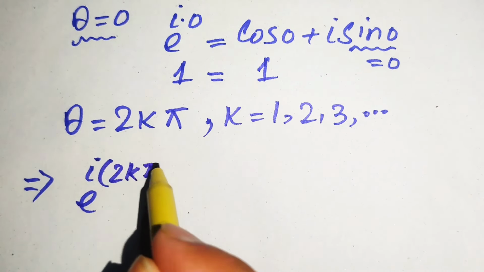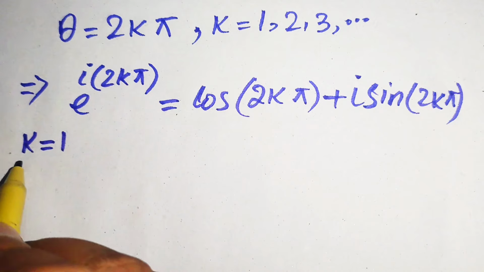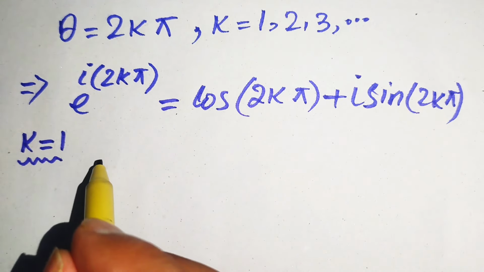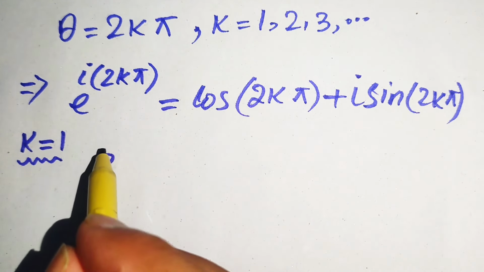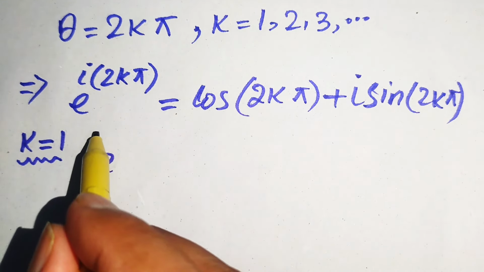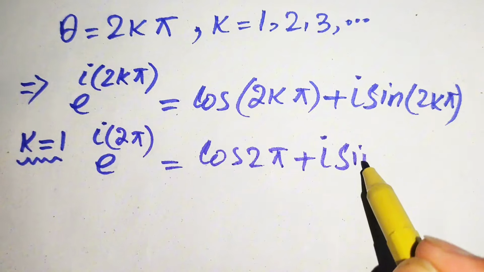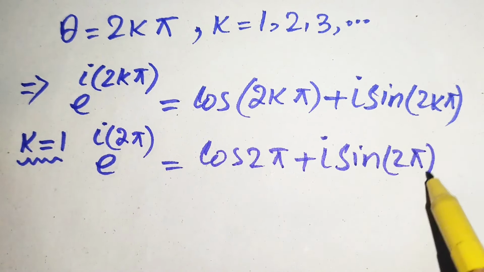So this is our Euler's identity in general form. Now we check this identity for the values k equals 1, 2 and 3, and we check the behavior of this identity. First we take k equals 1. So it gives us e to the power of iota into 2 pi equals, when we substitute 1 here, cos 2 pi plus iota sine of 2 pi.